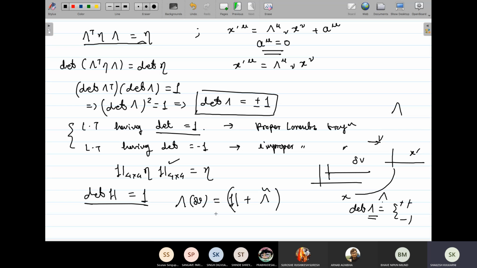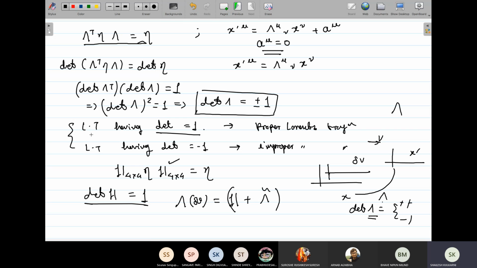Because if I have a transformation with determinant -1, then I will never reach identity. I will reach minus identity.